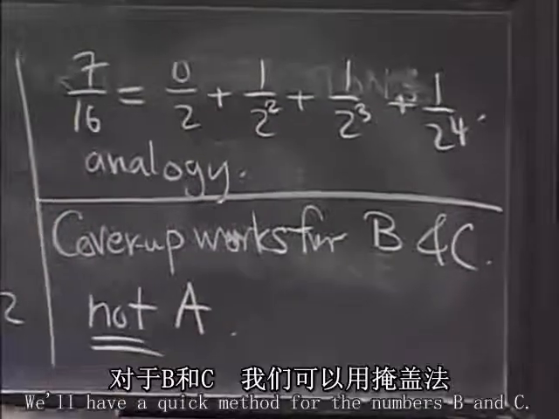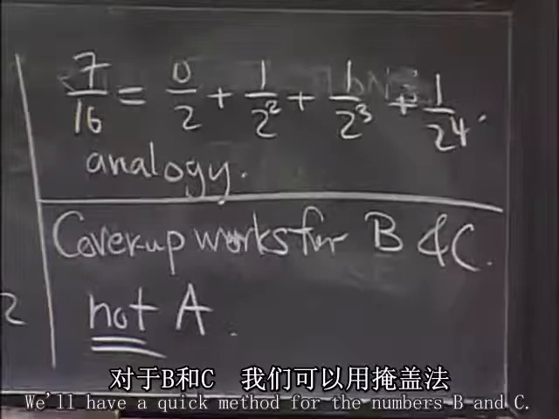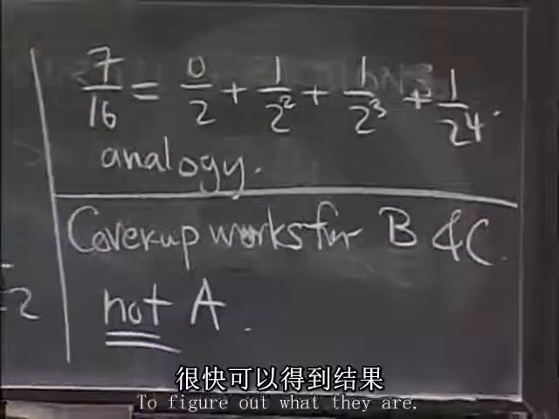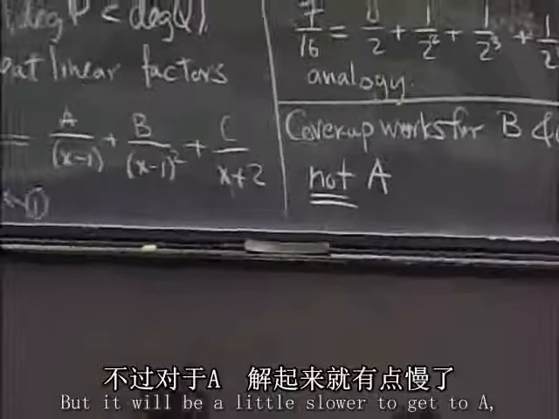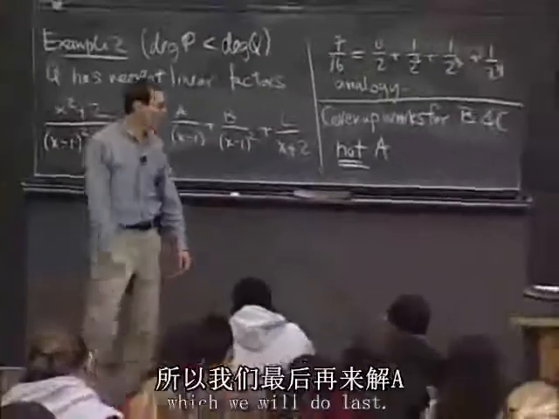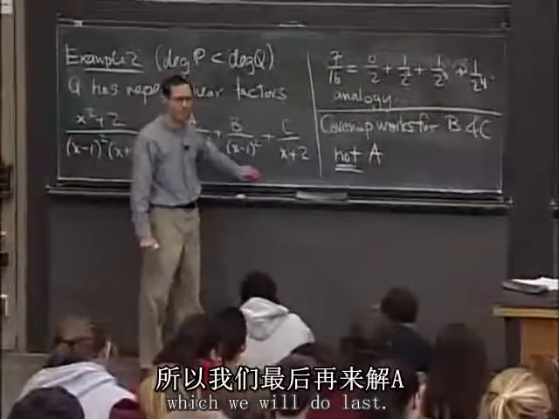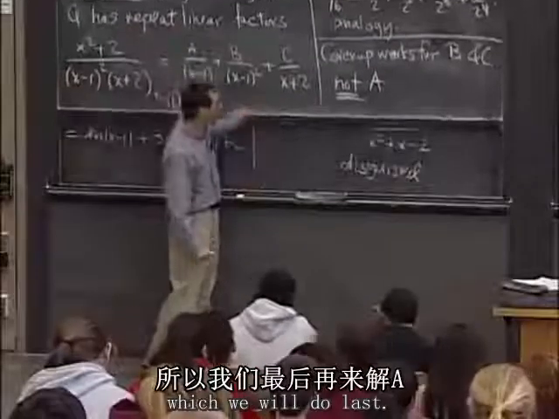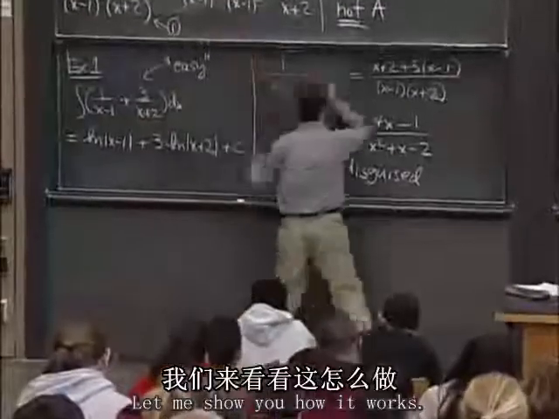We will have a quick method for the numbers b and c to figure out what they are. But it will be a little slower to get to a, which we will do last. Let me show you how it works.